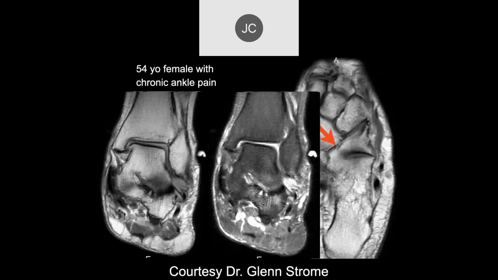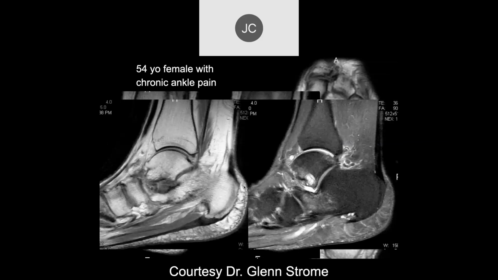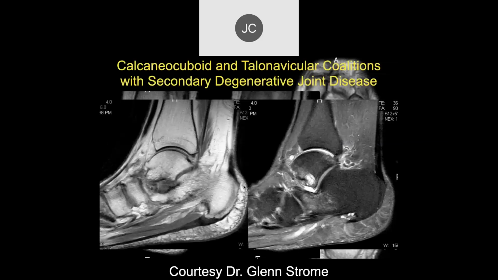And there you can see the coalition coming across. So there's calcaneal cuboid and talar navicular coalition causing degenerative disease.